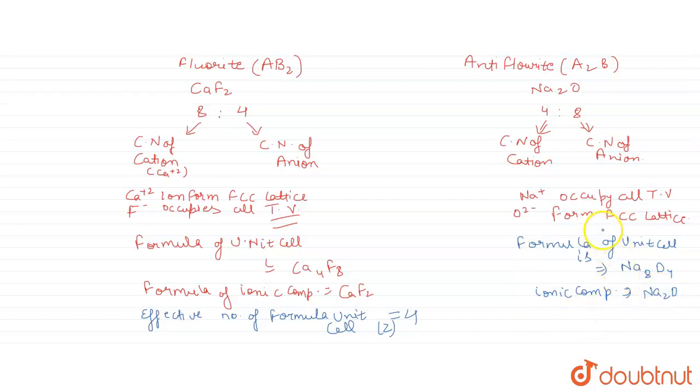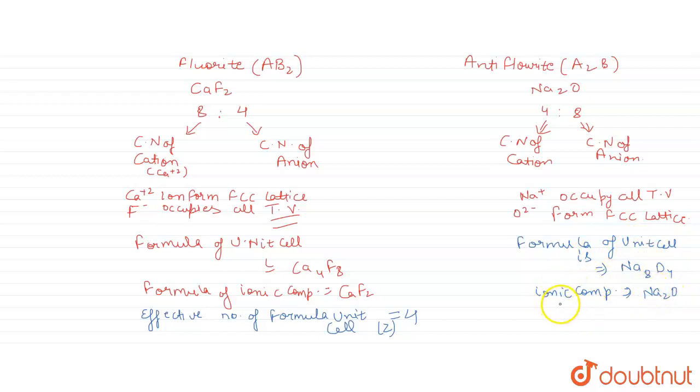So in this case also the Na plus ions occupy all the tetrahedral voids. So effective number of Na plus ions in this antifluoride structure will be 8, and effective number of O2 minus ions will be 4. So formula of this unit cell is Na8O4, and formula of ionic compound will be Na2O.